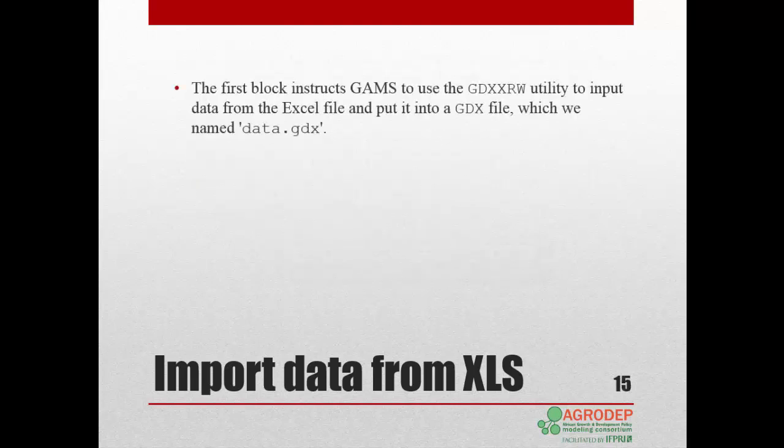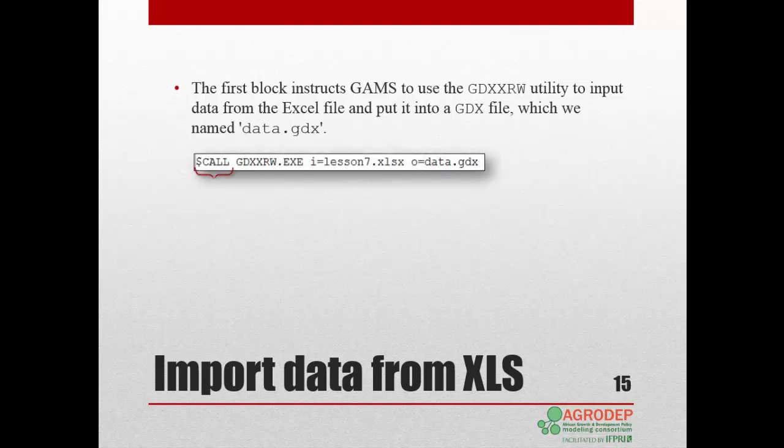In the first block, the $call command instructs GAMS to execute the GDXXRW utility. This utility reads input data from an Excel file and converts it into a GDX format. We name the resulting file data.gdx. The syntax is as follows.